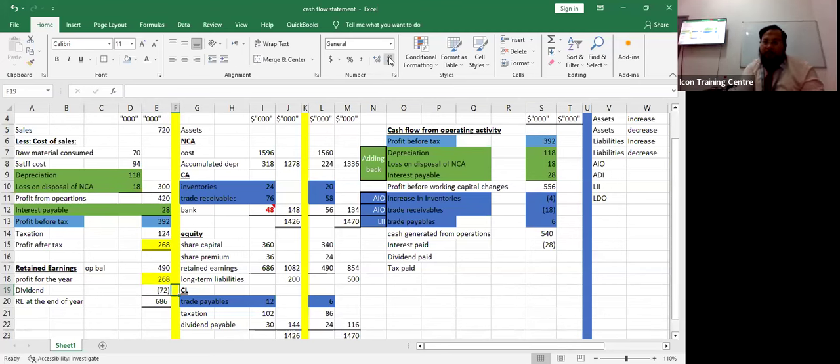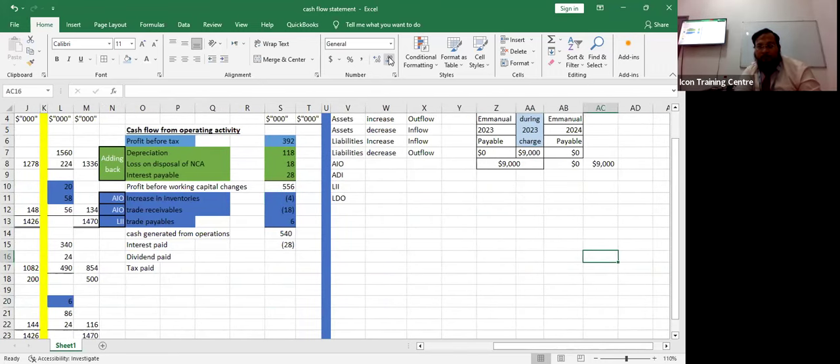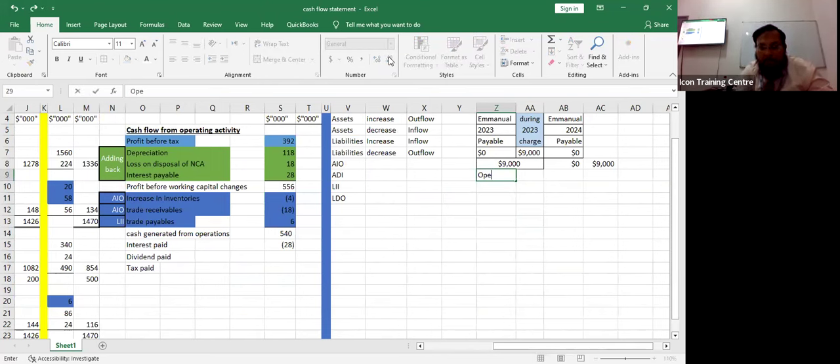So the formula will be, let me teach you the formula. Opening plus charge minus closing. Opening plus charge less closing. This is the formula. Opening add charge less closing.